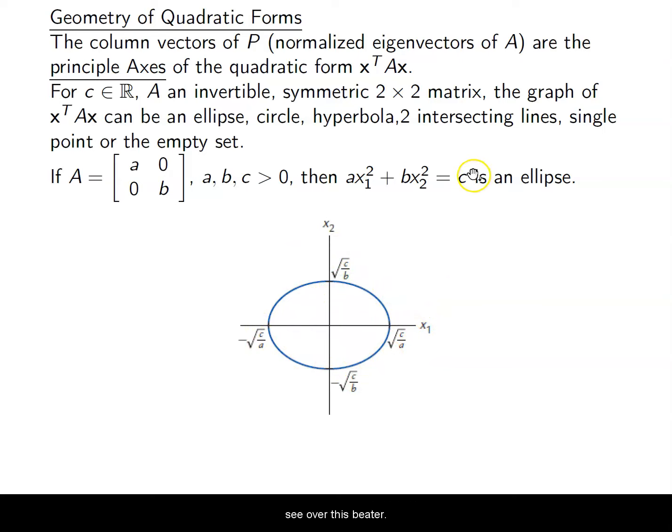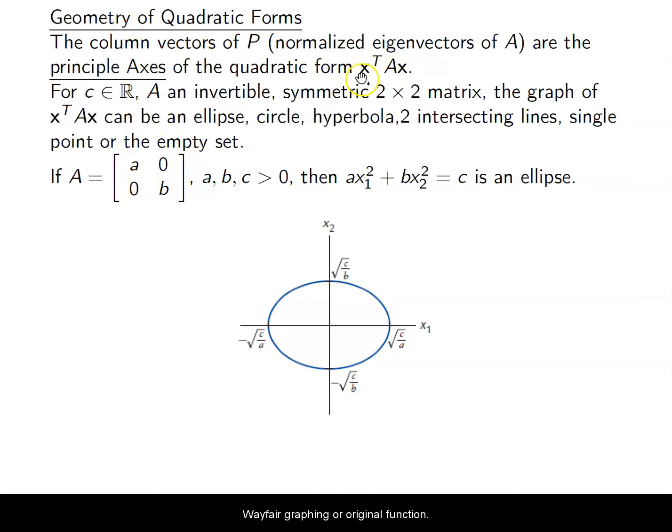Square root of C over B is going to give us the length of the minor axis, and root C over A will be the major axis, the long axis.